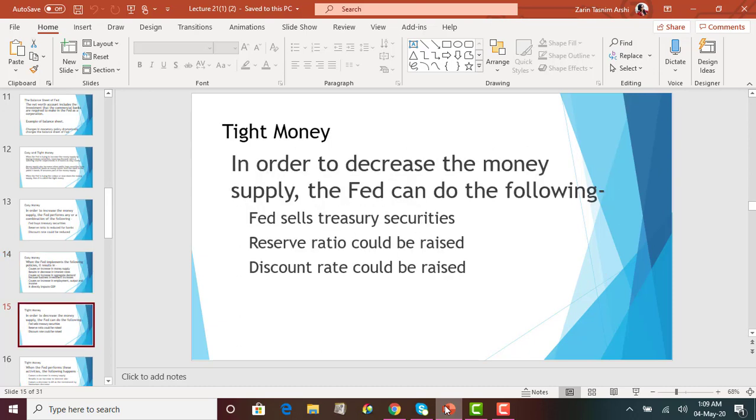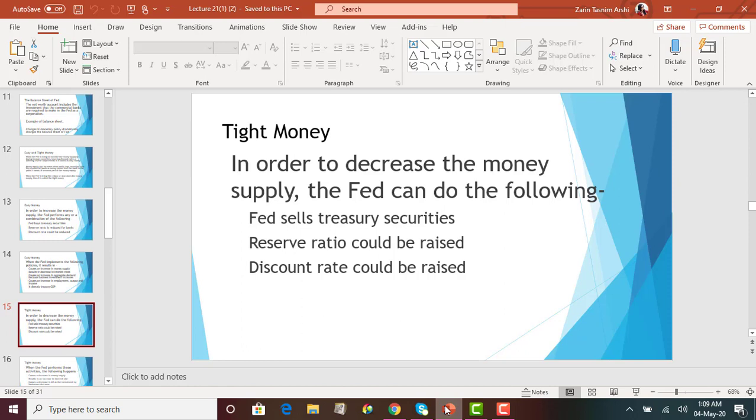Same way, with tight monetary policy, the Fed can decrease the money supply by doing one of the following or a combination of them. The Fed sells treasury securities. When they are selling securities, the securities are owned by the banks and people now, and in return they give money. So the money is coming from the economy to the Fed, going out of the economy, so money supply decreases.